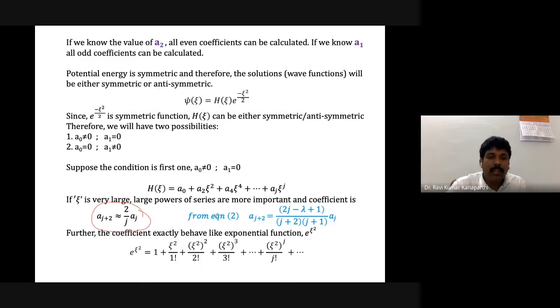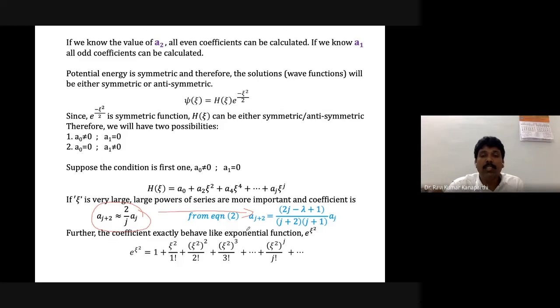And this I have obtained from the recursion relation. This is our original recursion relation. Since I am considering large values for z, then I have to neglect lambda. I can neglect lambda, and I can also neglect 1 in the numerator part. And in the denominator part, the 1 and also 2 can basically be neglected.